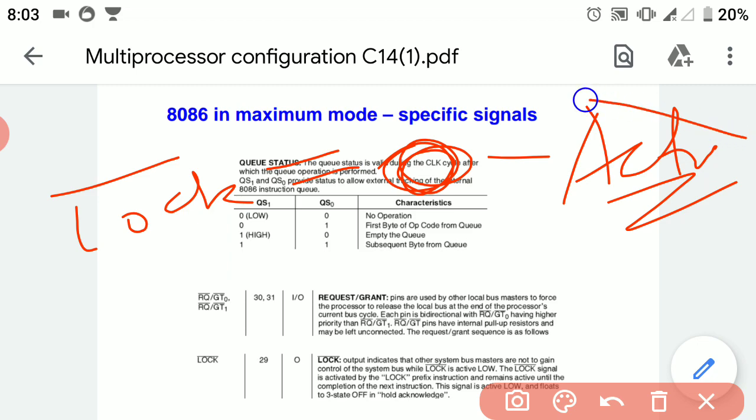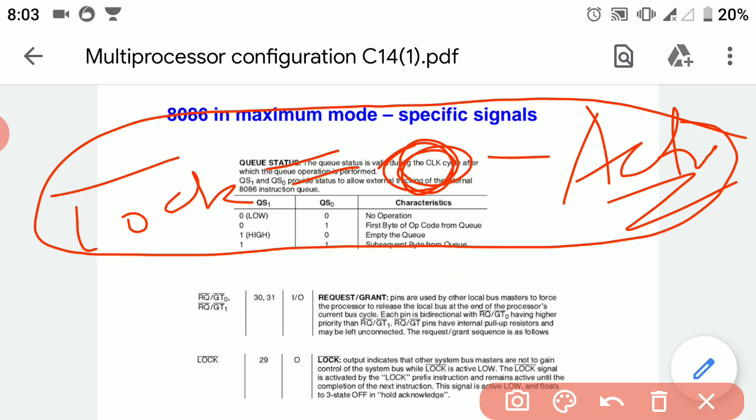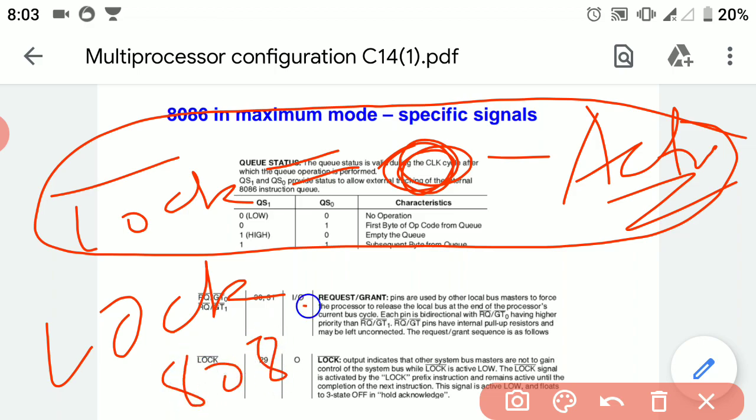This lock is actually activated when there is digital zero state, and this lock is activated by us by using the lock instruction in the 8086 processor. For example, if we want to lock our main processor so that it does not allow other coprocessors to access its system bus, then we will lock our main processor.